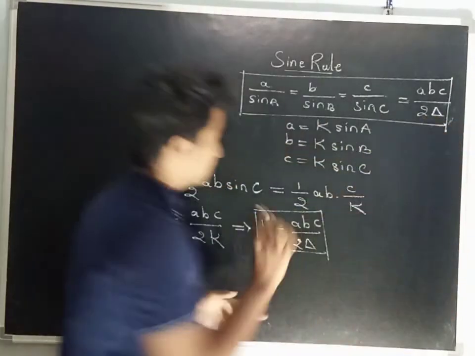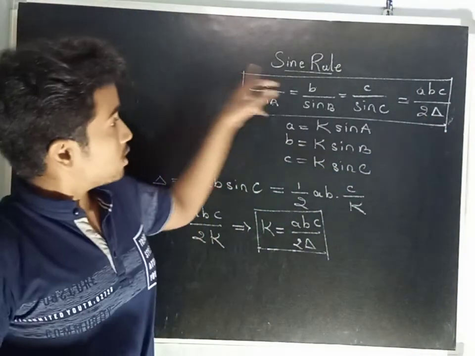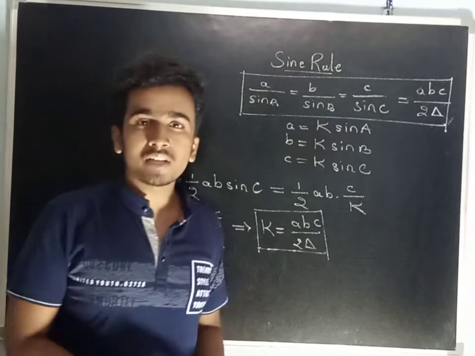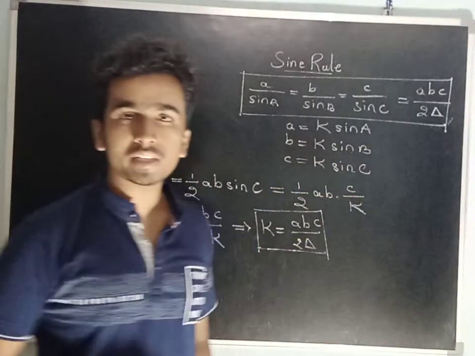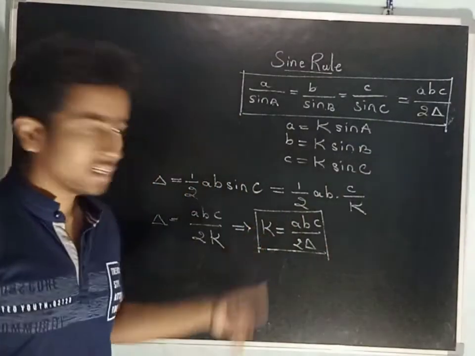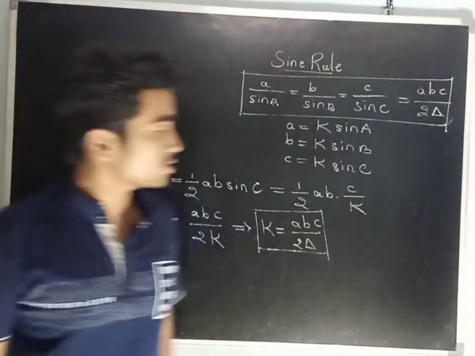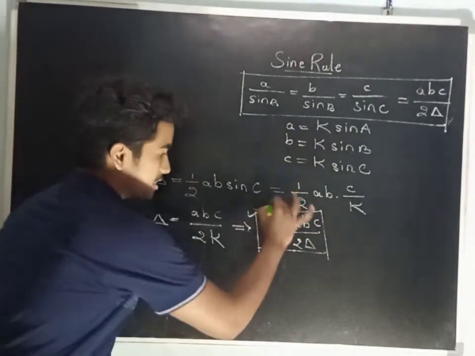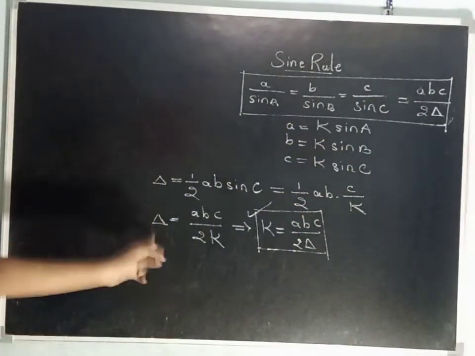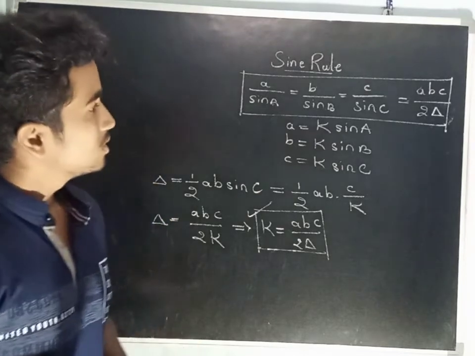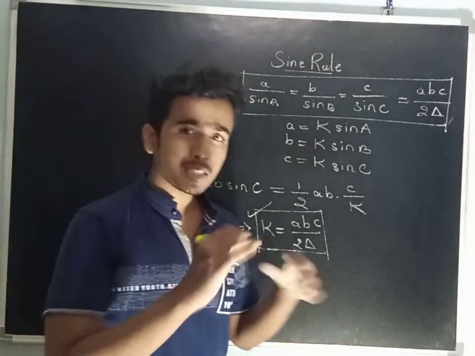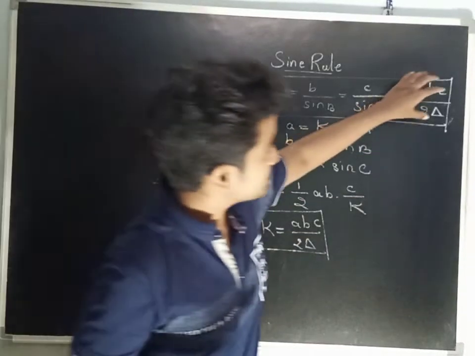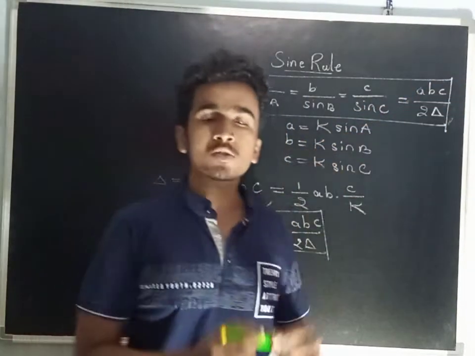In the beginning, we said this is a modification of the sine rule. This is what I want to make clear: instead of writing k, it can be written as abc by 2 delta. So k is equal to abc by 2 delta by this method. But still it is not clear what this expression is explaining to us.